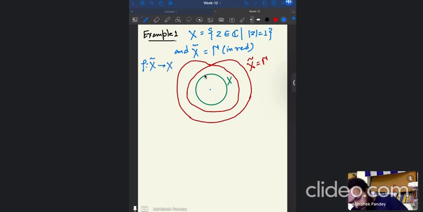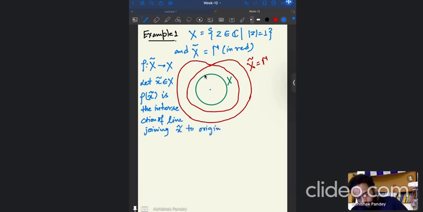So you take any point x tilde, let x tilde belong to x tilde. So rho of x tilde is the intersection of the line joining x tilde and origin to the unit circle.